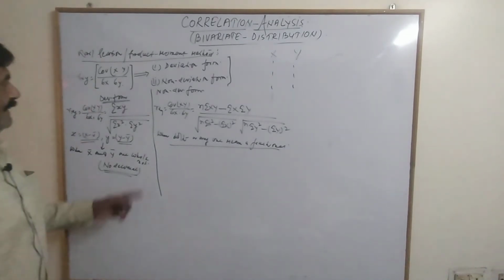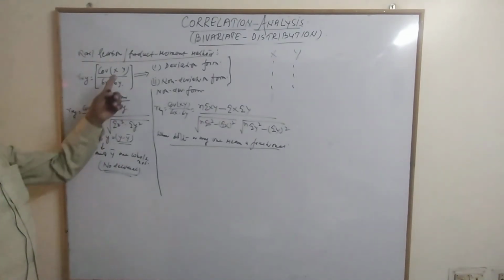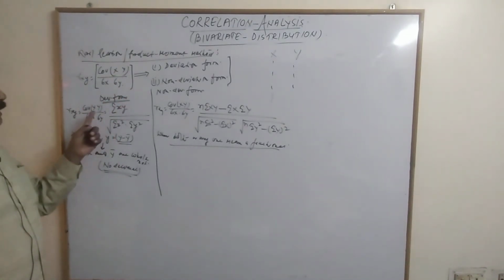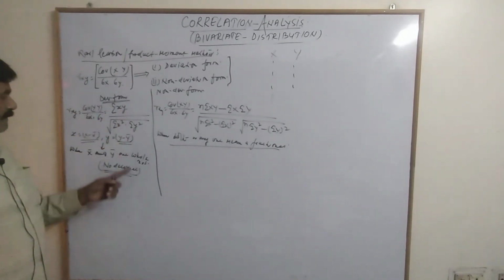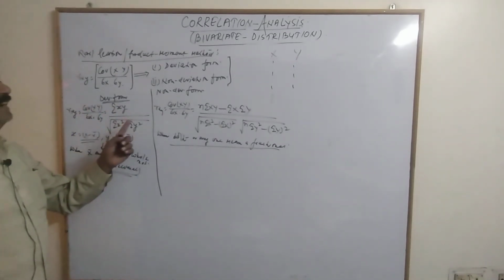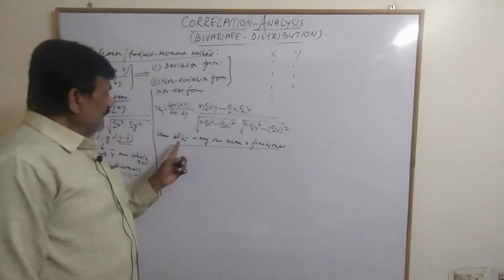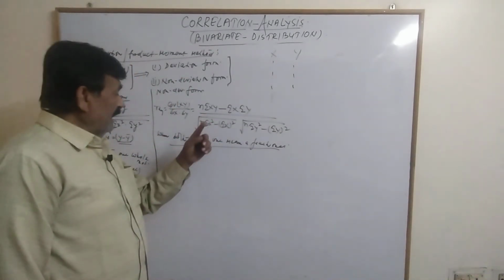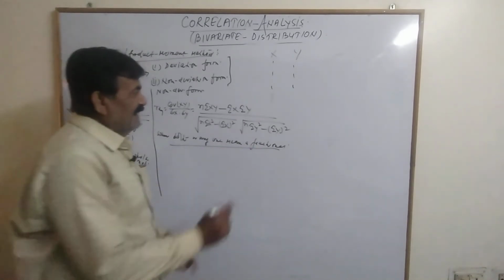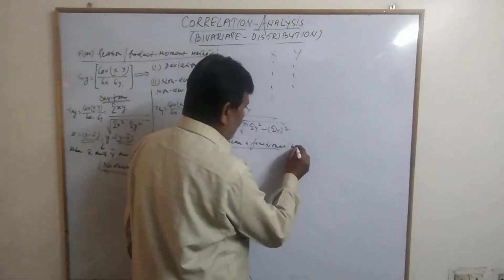So this is what the guideline is: the deviation form of Karl-Pearson should be used when the mean of x and y both happen to be whole numbers, and the non-deviation form should be used when either both means or any one mean happens to be fractional, that is with decimal.